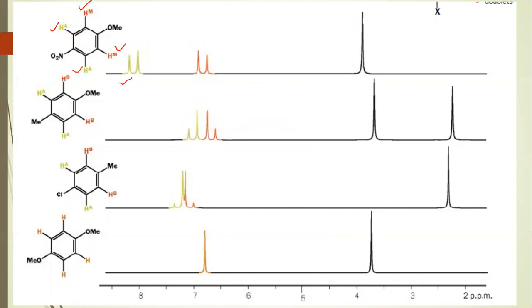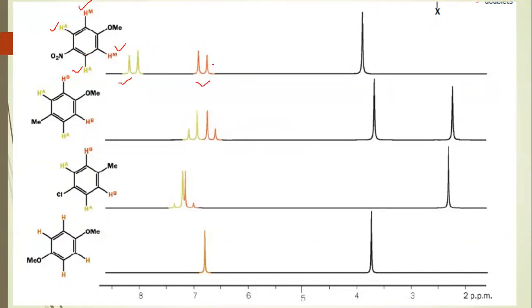So this signal will be because of these HA protons. The colors for signal and the protons are the same here. Now these M protons are ortho to the methoxy group. The methoxy group will shield the two protons here, and this will be the signal because of the HM protons.